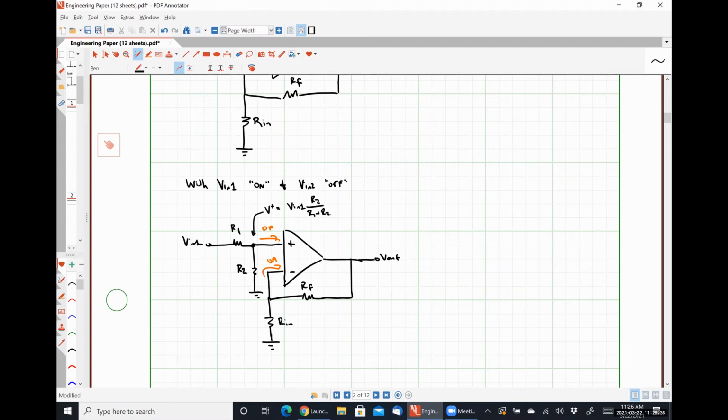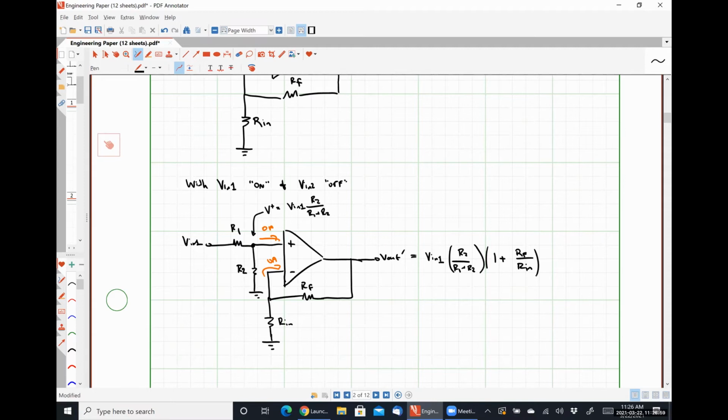So we can see that V out prime in this case is going to be VN1 multiplied by R2 over R1 plus R2 multiplied by a factor of 1 plus RF over Rn.